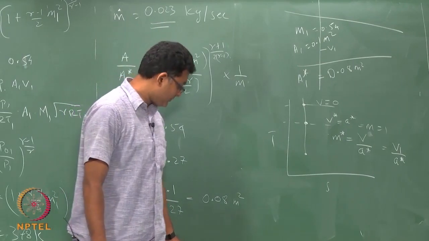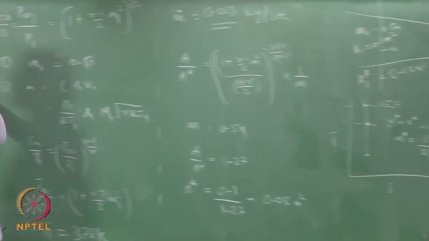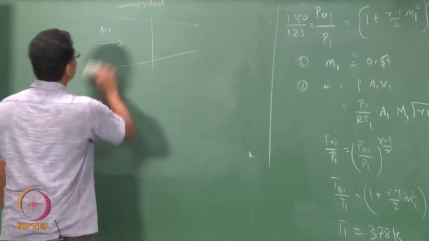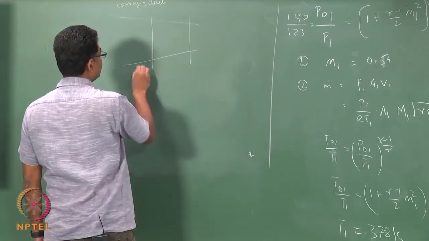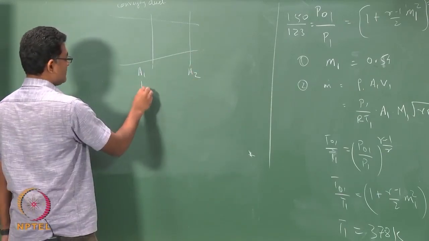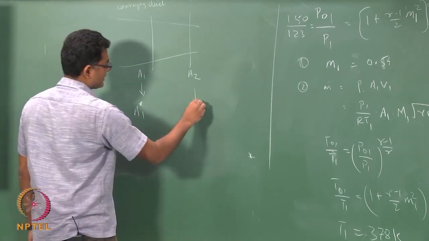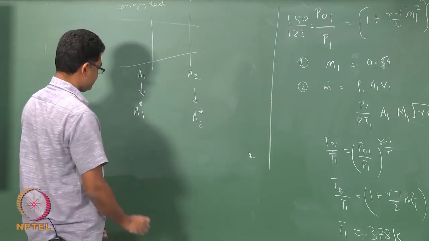Okay. So, that is the meaning of the star value, the M star value. So, I can modify the same problem. So, if I have A1, A2 here, I can have an associated star value here, I can have an associated star value here.